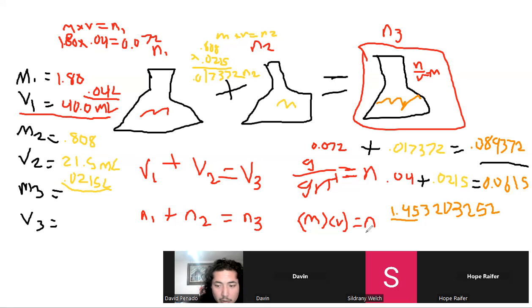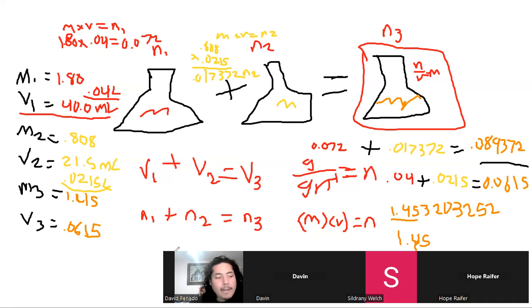So 1.45 molarity. The volume was 0.0615 liters, so we don't need to do anything about it, unless it's asking for milliliters. This only works in liters.